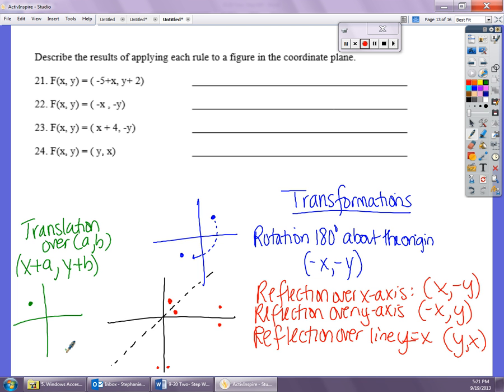So this first one, if you were to rewrite it, it's rewritten as x minus 5, which means that I'm moving to the left. Y plus 2 means that I'm moving up. So I translate left 5 and up 2. The next one is clearly my rotation.